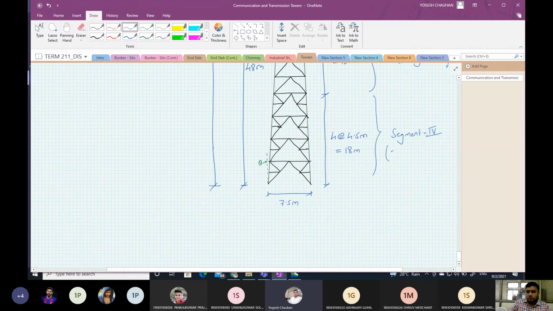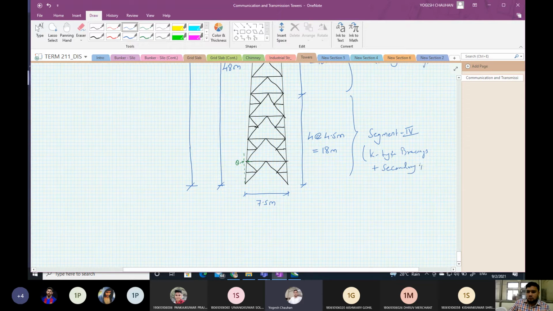And the fourth segment is K-type bracing, plus some secondary bracing. So these are the secondary bracings.